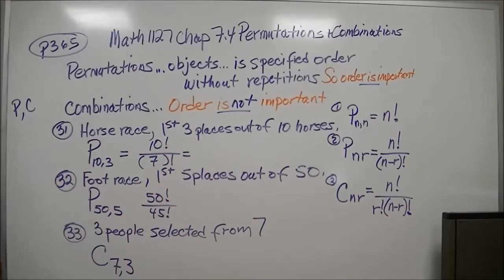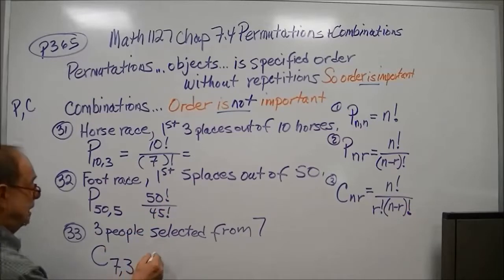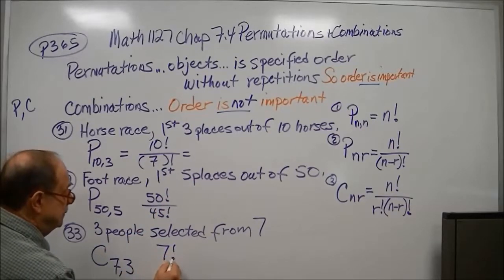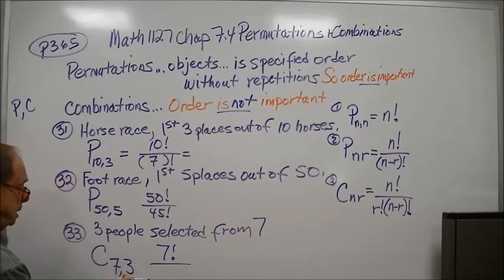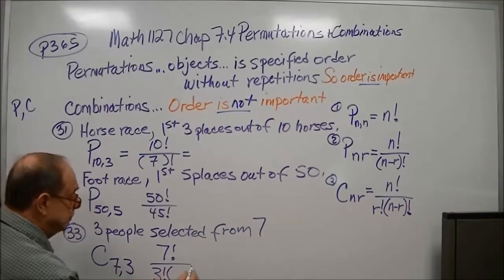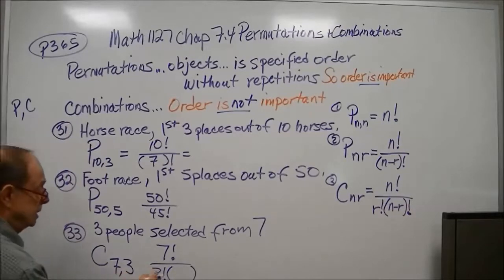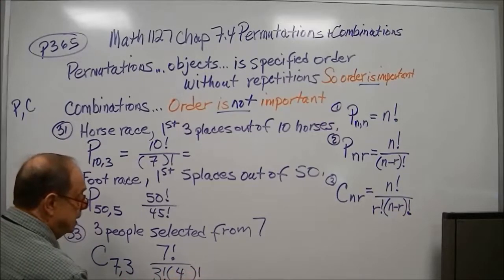And for number 3, you have formula 3 that we're going to use. So we have 7 factorial. Now we need our 3 factorial out here. And then we're going to subtract 3 from 7 and get 4 factorial.